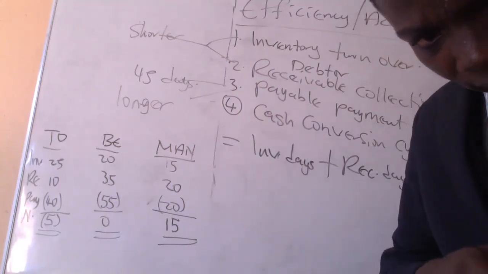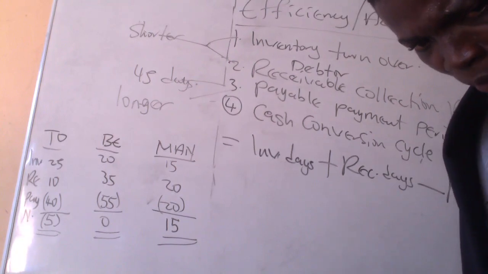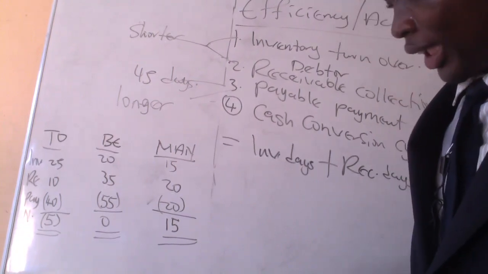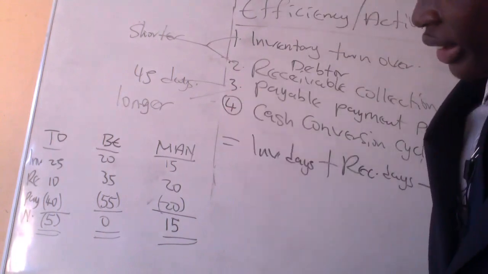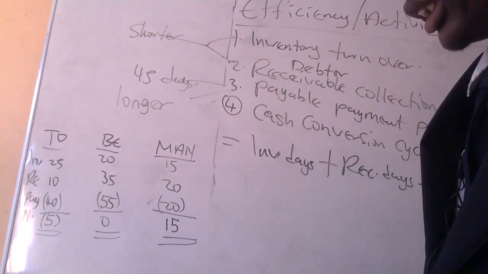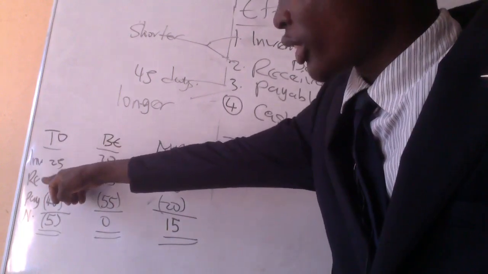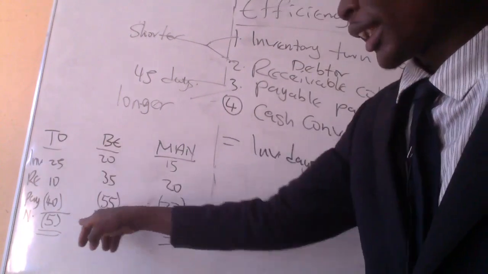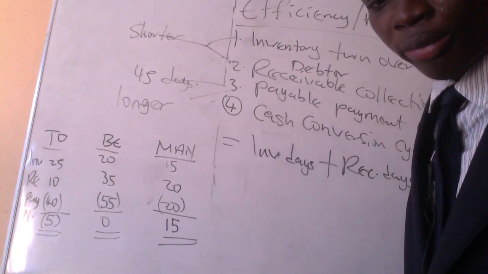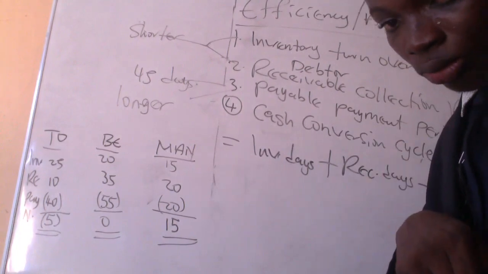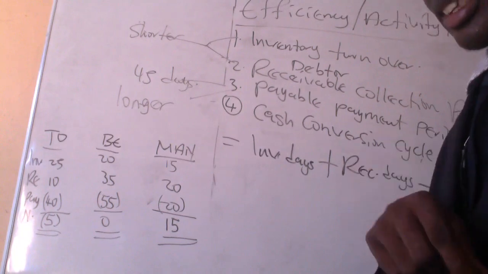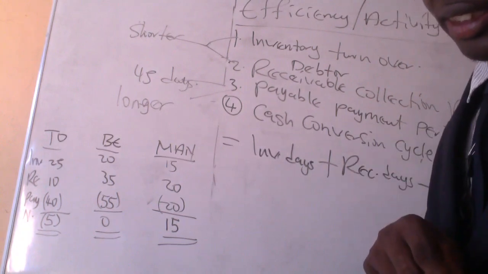Now, let me test you small. You can pause the video and answer this question for me now. Which of these companies is doing well? Looking at the inventory, receivable, payable, looking at the net operating cycle, which of them is doing well? So kindly pause it and then tell me the answer. Yes.